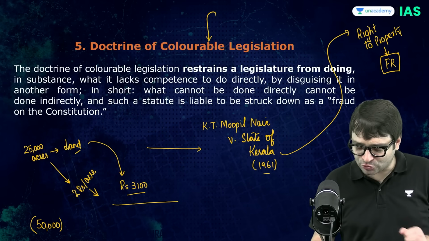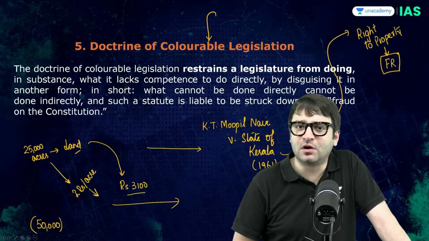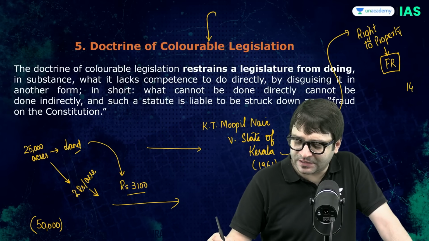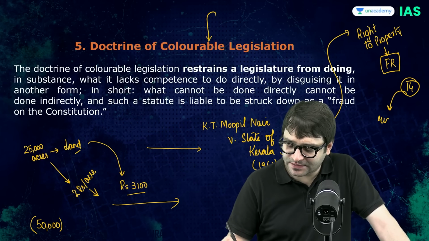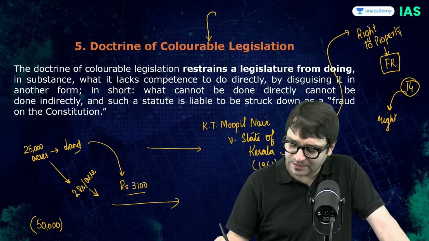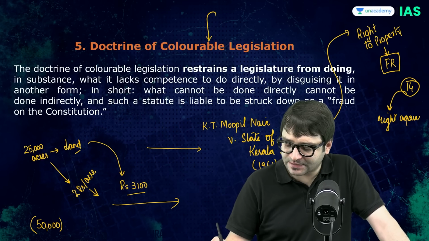This petitioner approached the court and challenged this law on the grounds of violating Article 14. What is Article 14? Right to equality, yes, but right against arbitrariness as well.